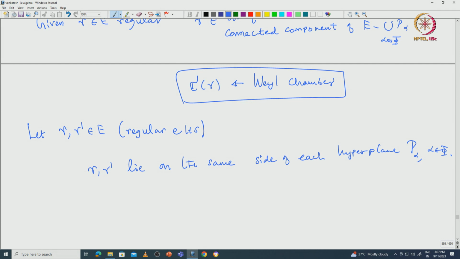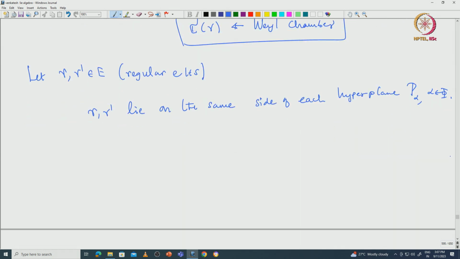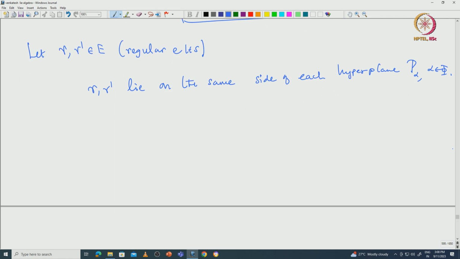Okay. So then that means you can see that this C gamma dash must be the same, because they all lie inside the same side of the hyperplane, and then you can construct this subset of phi, which is defined using this gamma.